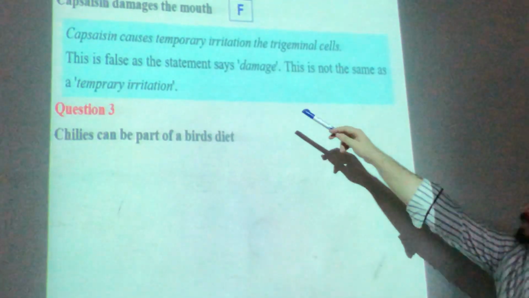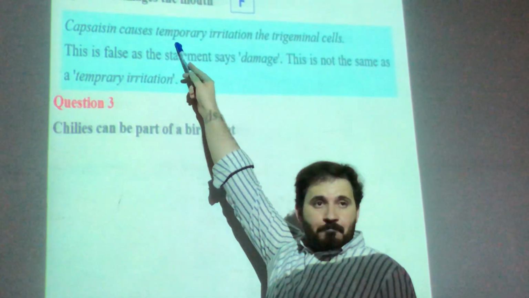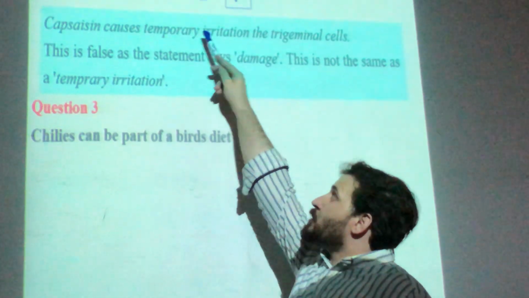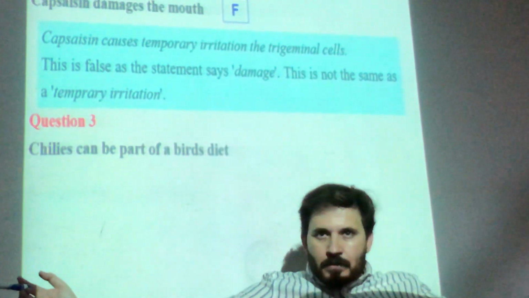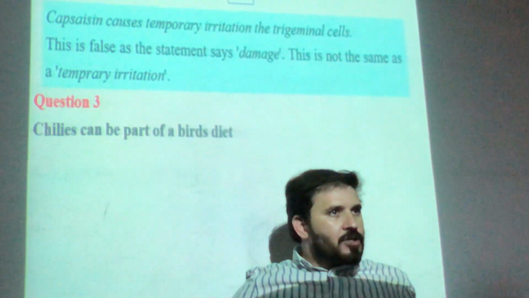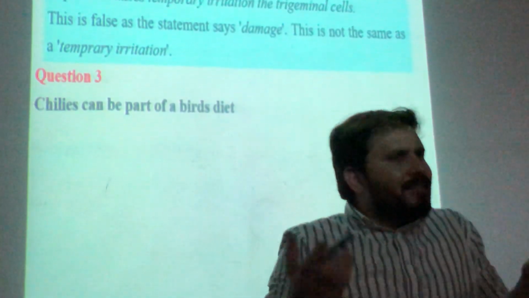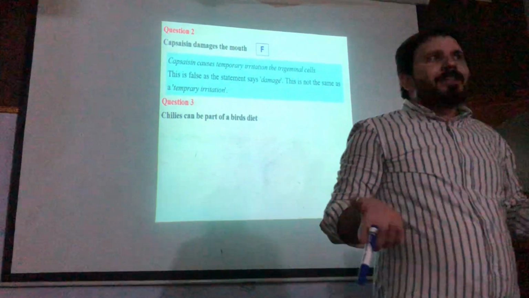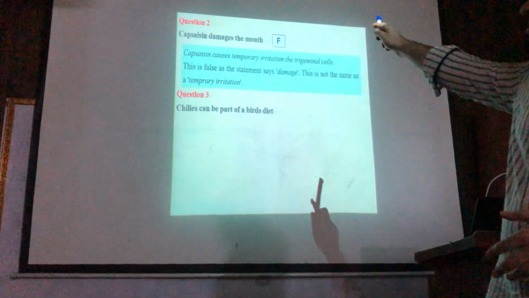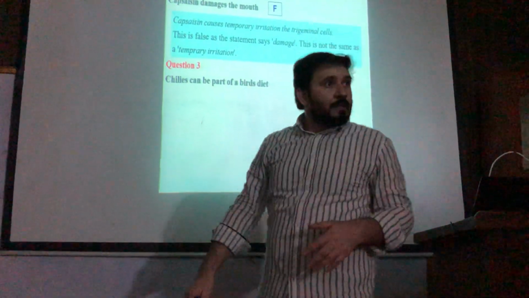So the word they used is temporary irritation. Damage is big, while temporary irritation is small, it's not that much. That is the opposite, so we can say that's false.